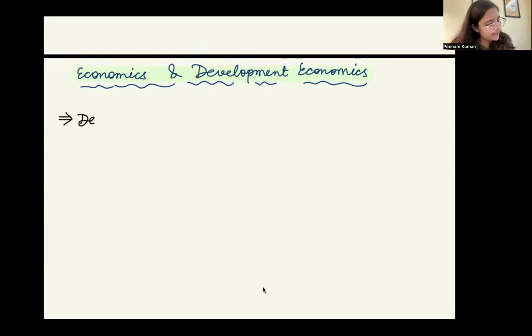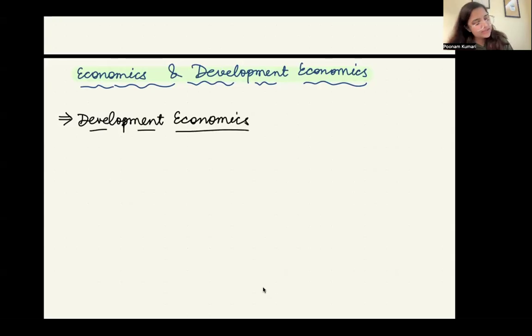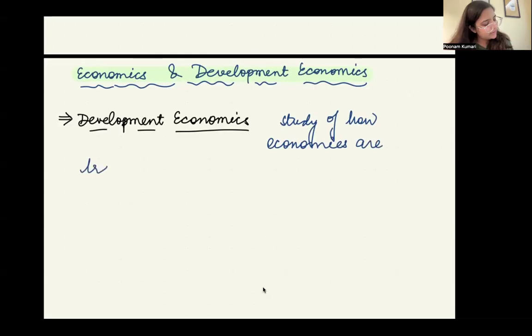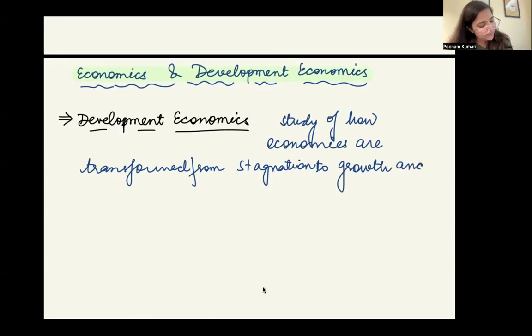So if we have to define development economics, this is basically the study of how economies are transformed from stagnation to growth and from low income to high income status.